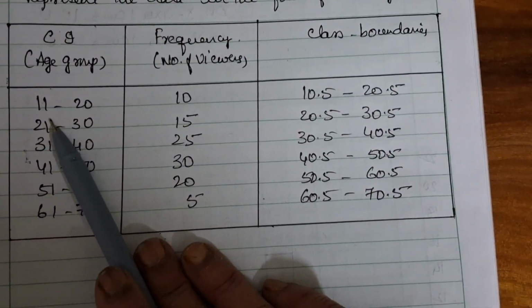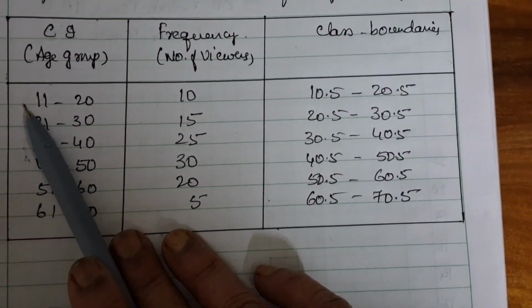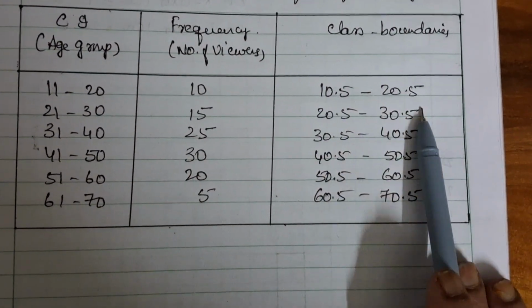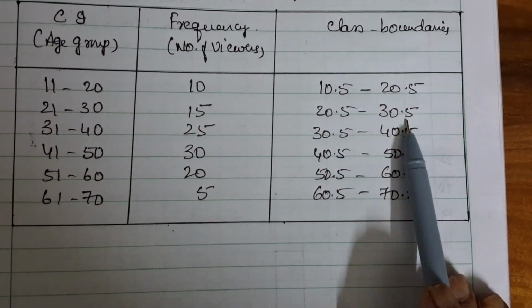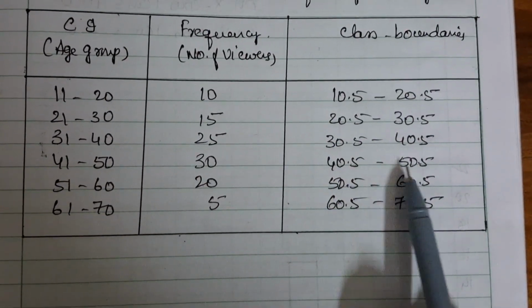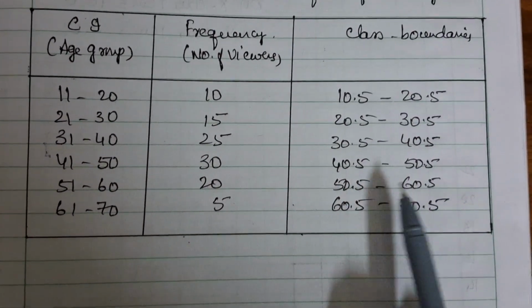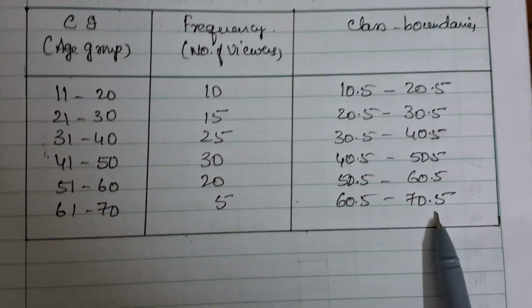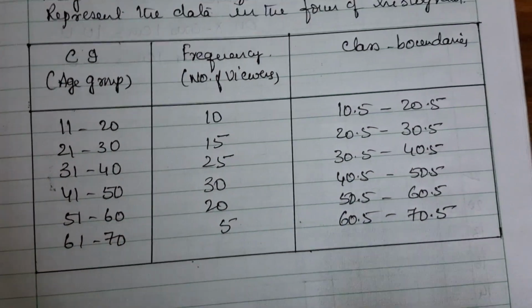As I told you earlier, you subtract 0.5 and add 0.5. So 10.5 to 20.5, 20.5 to 30.5, 30.5 to 40.5, 40.5 to 50.5, 50.5 to 60.5, 60.5 to 70.5. These are the bars of the histogram.